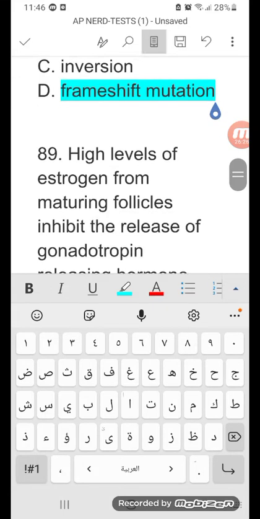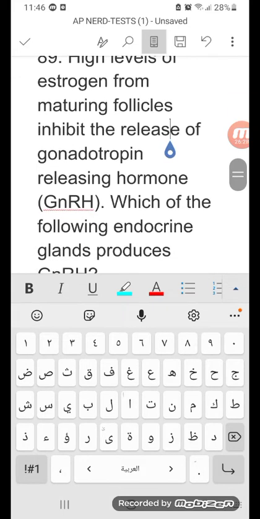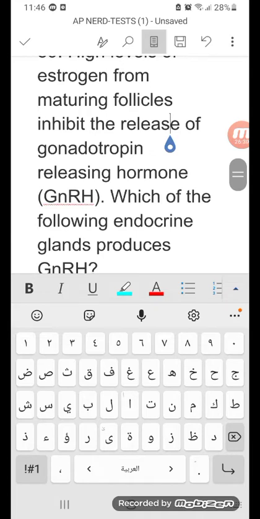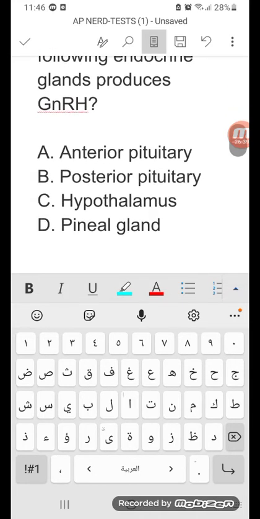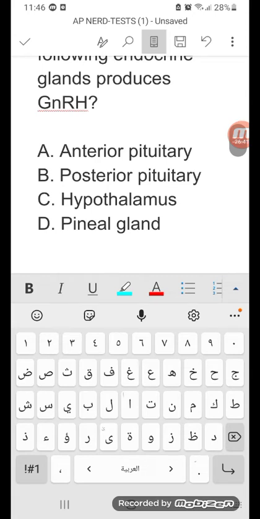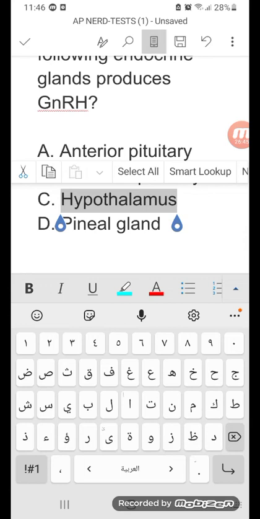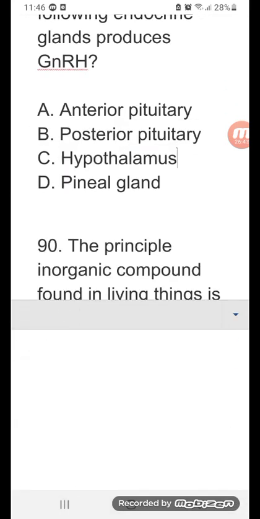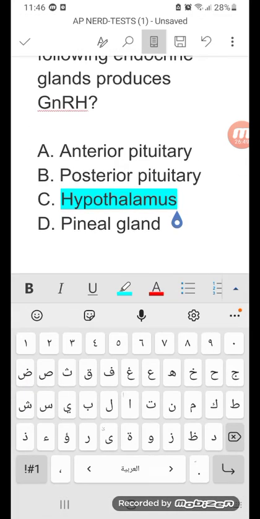High levels of estrogen from maturing follicles inhibit the release of gonadotropin releasing hormone, GnRH. Which of the following endocrine glands produces GnRH? It's the hypothalamus. GnRH is what initiates the whole process.